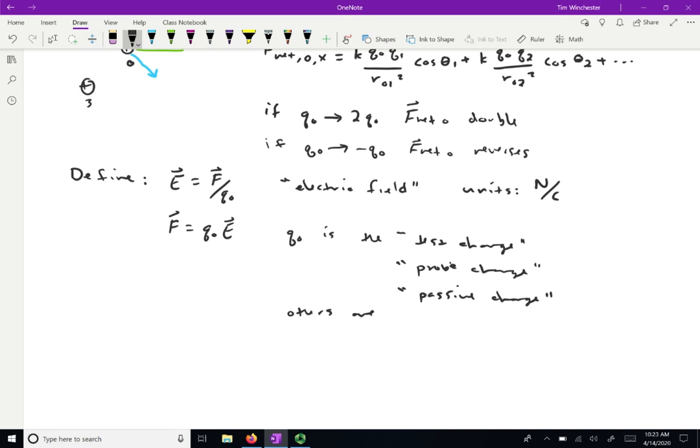Okay, so all the others are going to be either the source charges or another common name is the environment charges. Or you might think of those as the active charges.